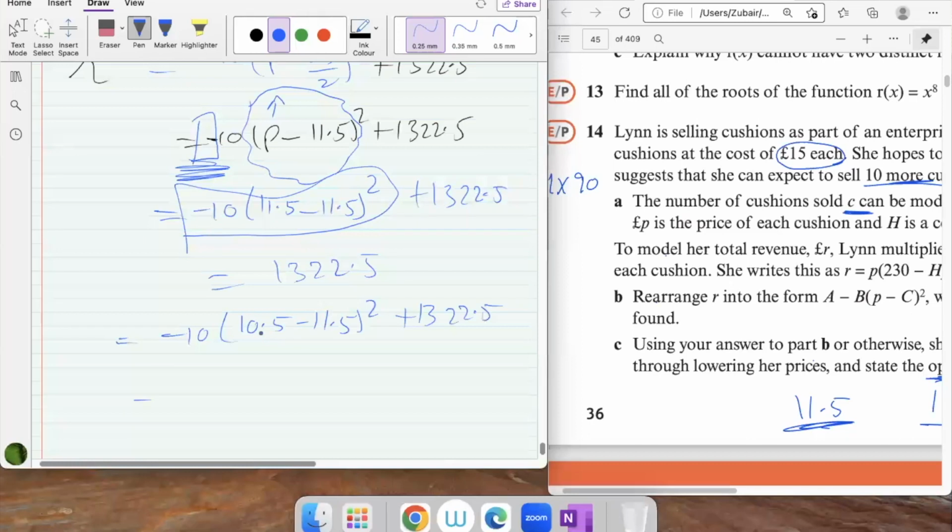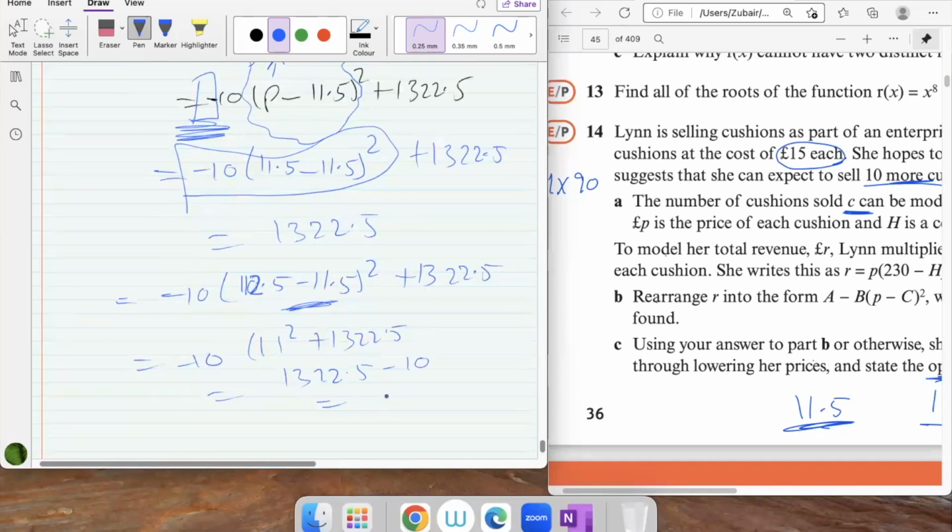If we increase this value, the difference is now 1. So if you use 1 squared minus 10 plus 1322.5, you get 1322.5 minus 10, which results in 1312.5.